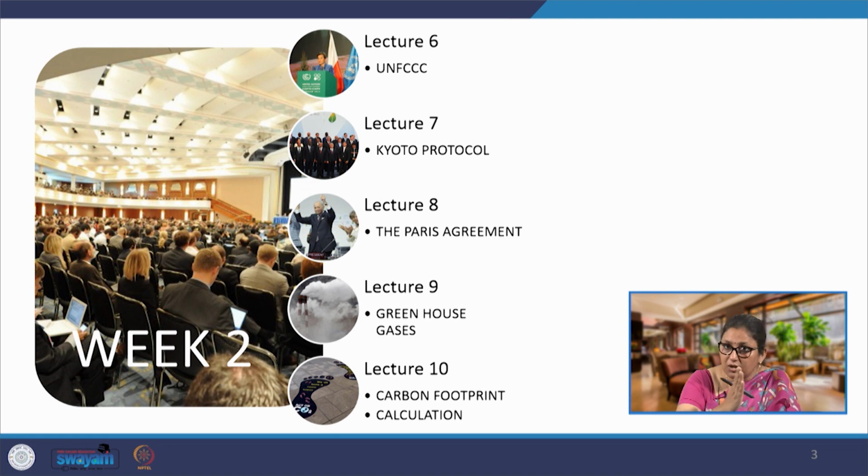So, we saw historically how this whole idea developed, and what greenhouse gases are, how we come to one single number, how we can simplify to get one single number, and that we called the carbon footprint, and how we can calculate it. We saw that it is an exhaustive exercise.